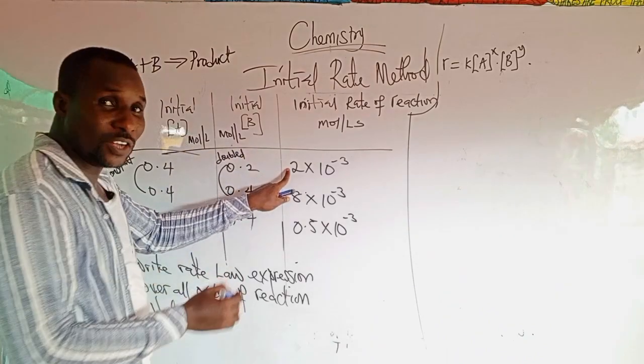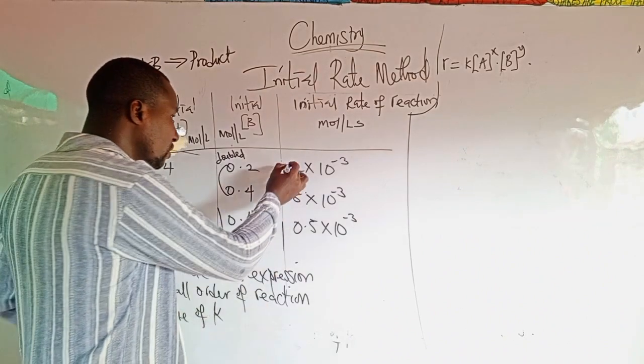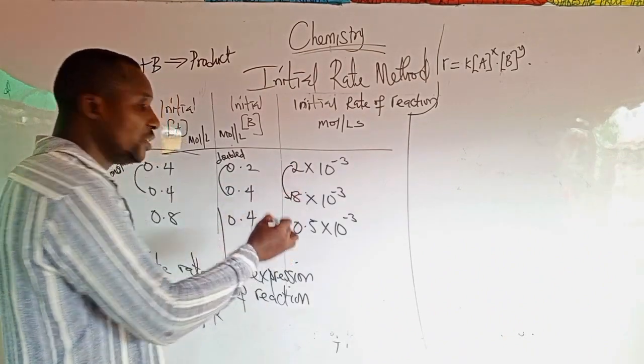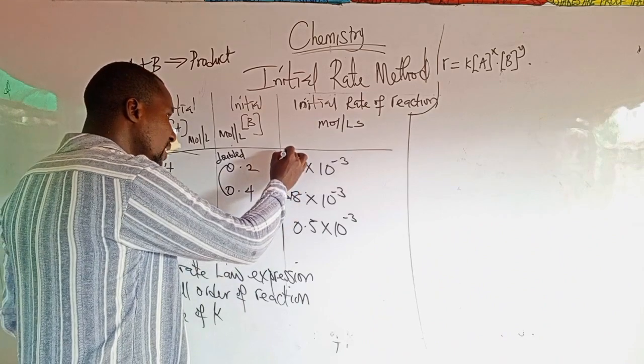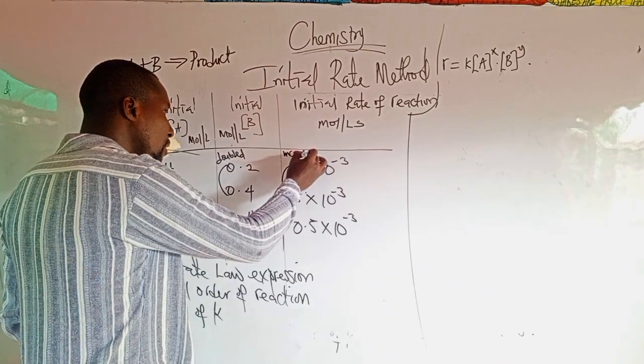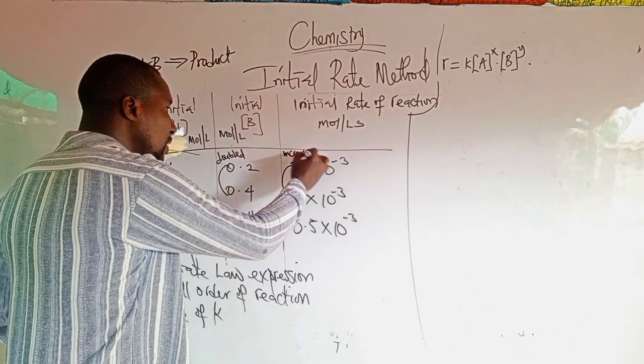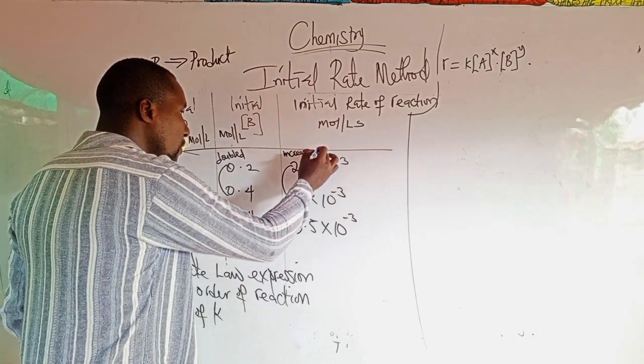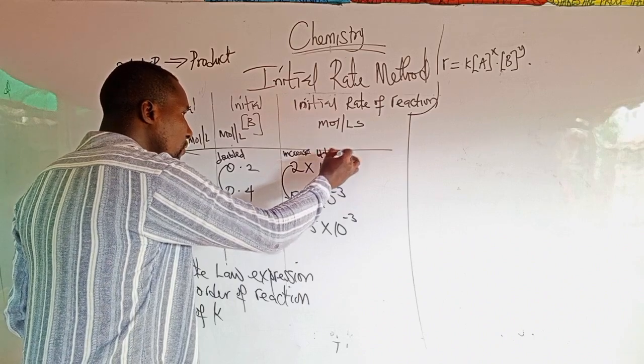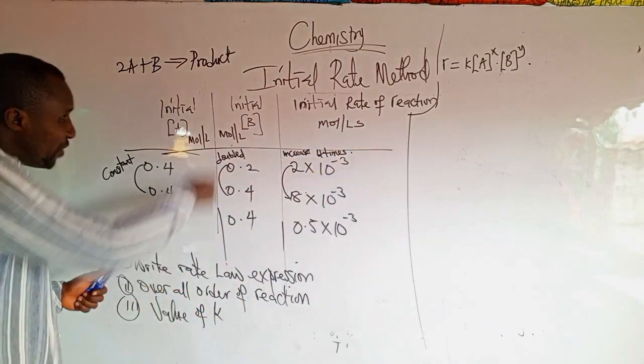Then what happened to the rate of reaction? It increases by 4 times. What order of reaction is B?